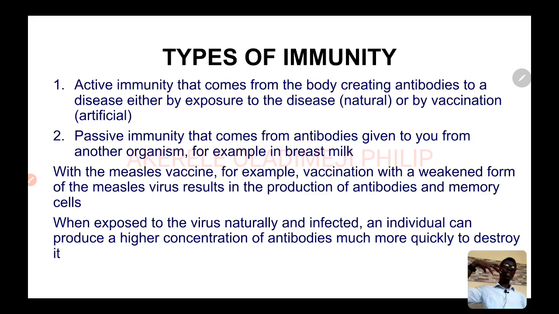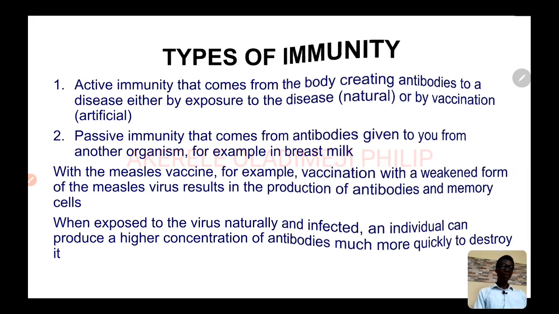So the immune system of the mother is passed on to the child that way, to a large extent. Now, with the measles vaccine, for example, vaccination with a weakened form of the measles virus results in the production of antibodies and memory cells. So when exposed to the virus naturally and infected, an individual can produce a higher concentration of antibodies much more quickly to destroy it. I believe this is quite clear.